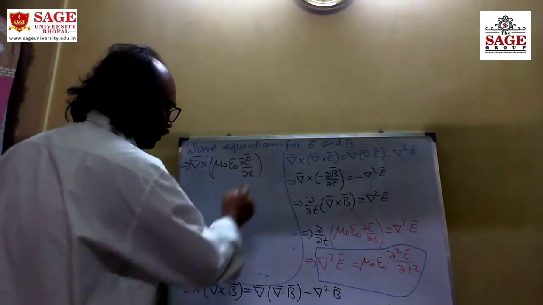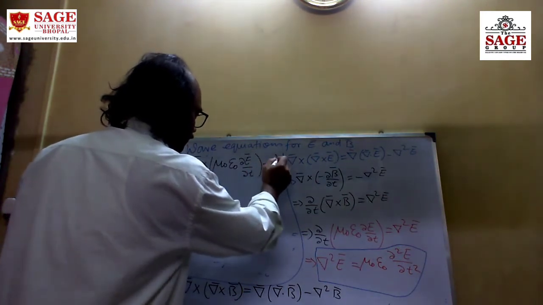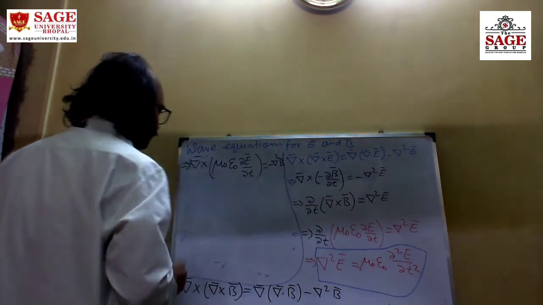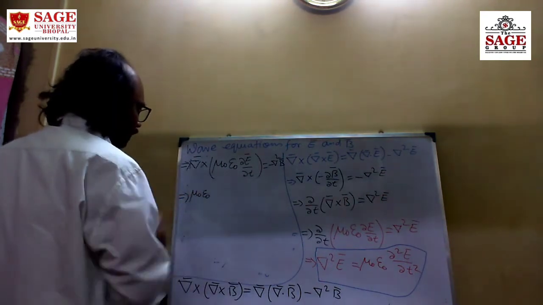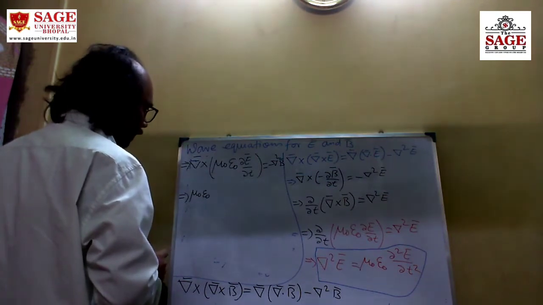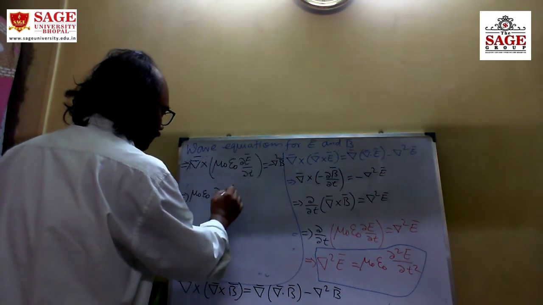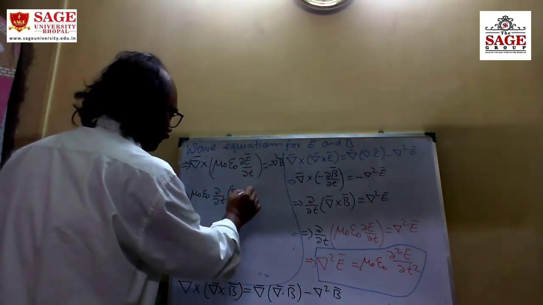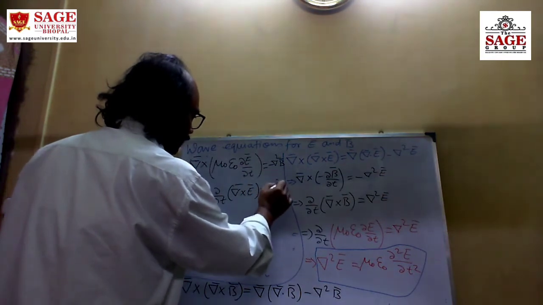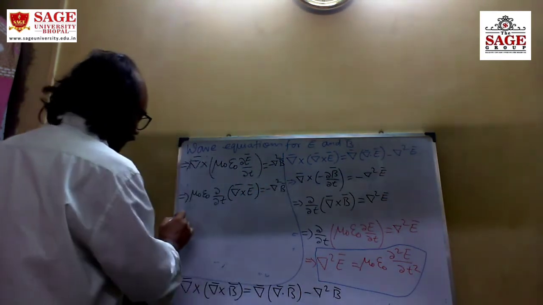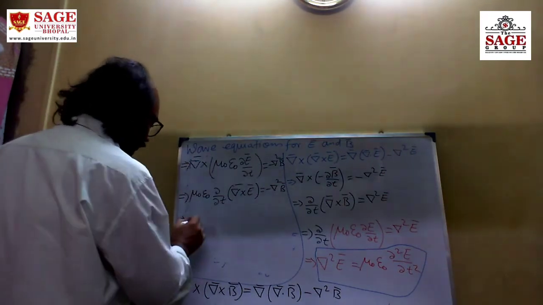Del dot B is 0, which is equal to minus del square B. Mu naught epsilon naught will come out of the bracket. We'll take curl inside, minus del square B. Curl E is minus del B by del t.